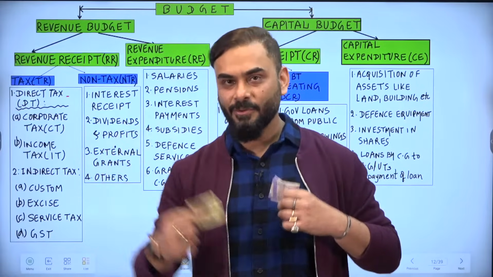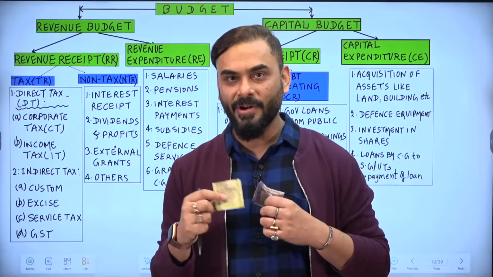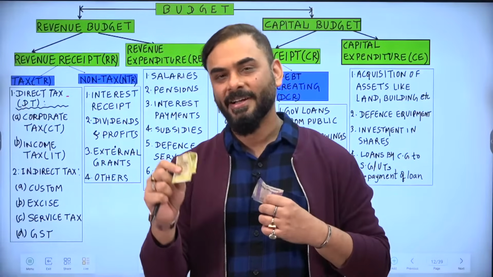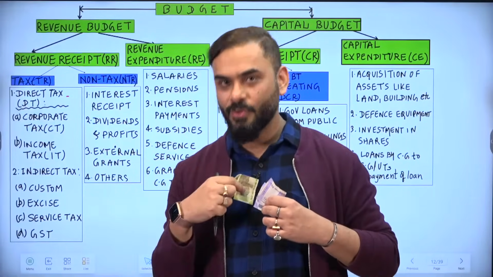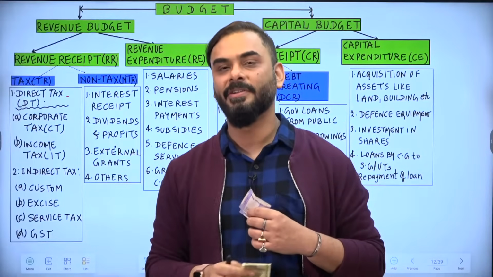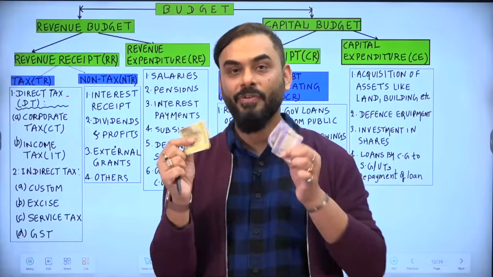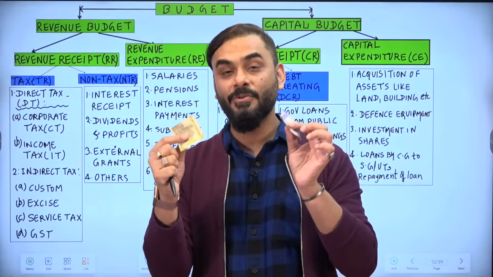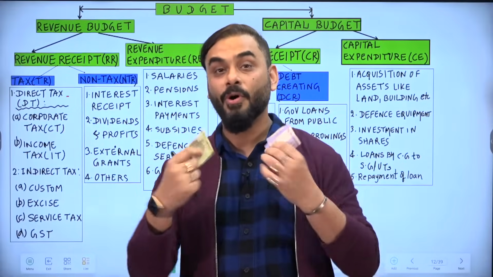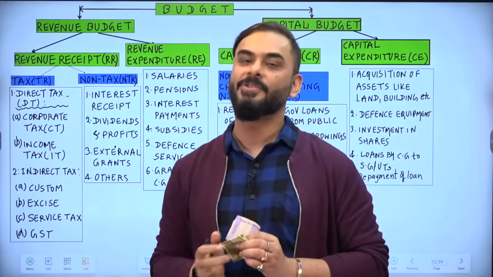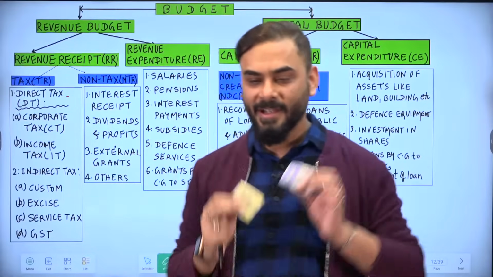When the government sells a bond, the government has to return the face value also. So this is the money which the government takes as loan or by selling bonds, which the government has to return. This also stays in my pocket, but this has to go. Which out of these two, 100 or 20, can be called borrowings by the government of India, actual borrowings by the government of India? If you could answer, 100 or 20.